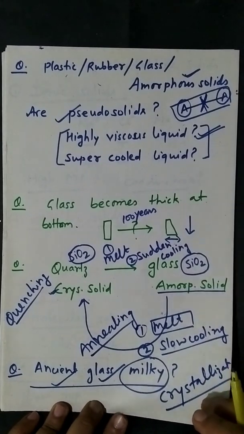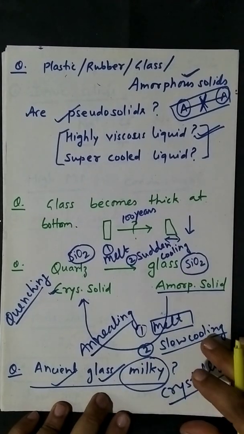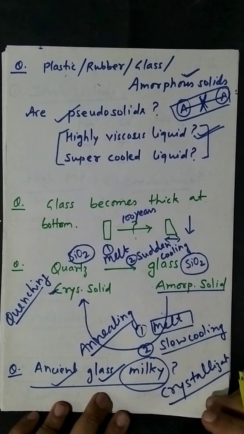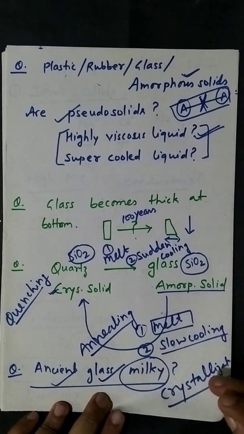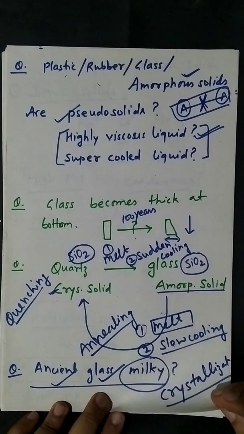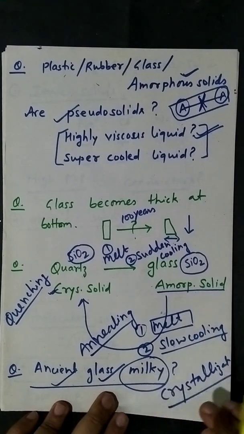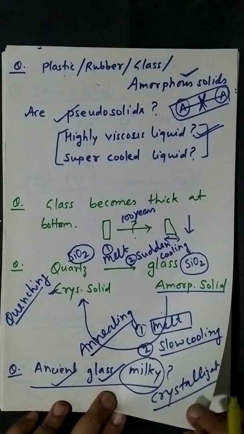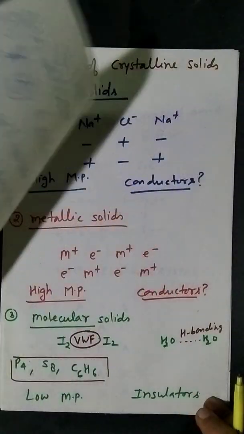It may be possible that the glass was suspended under the earth crust, and due to high temperature of the earth crust, glass melted over a long period of time. It solidified slowly, so melting followed by slow cooling results in formation of crystalline solid.